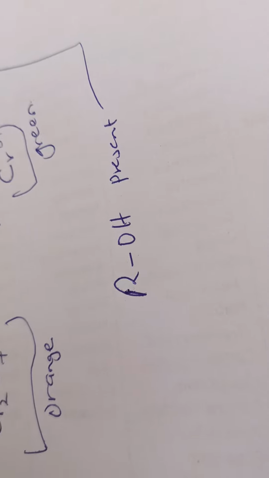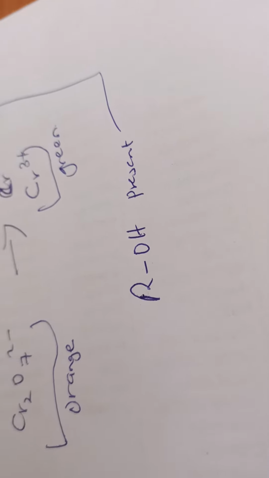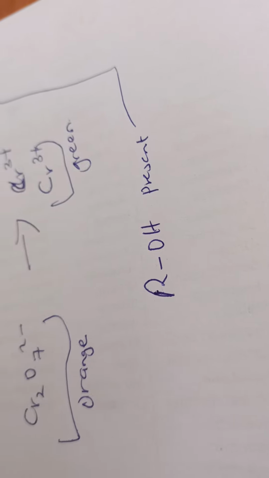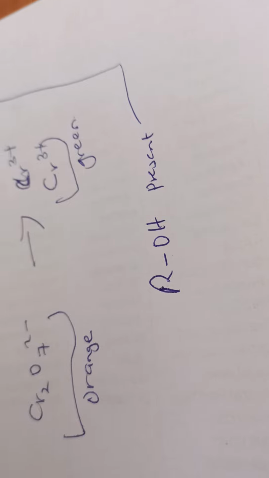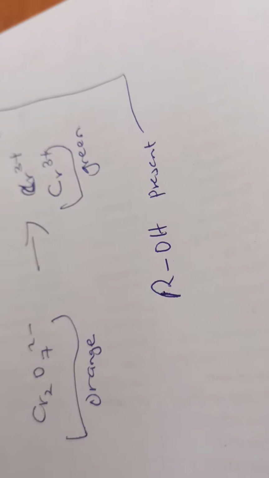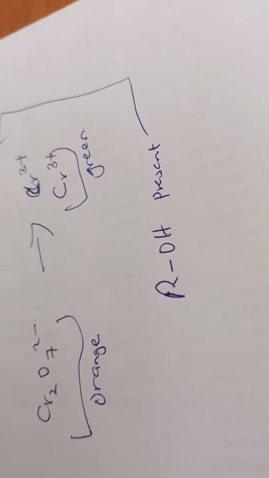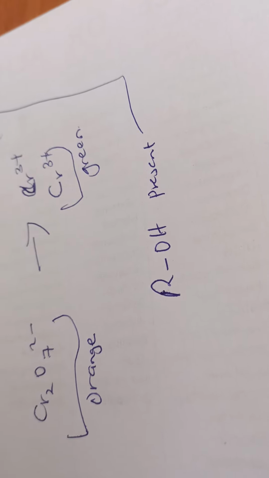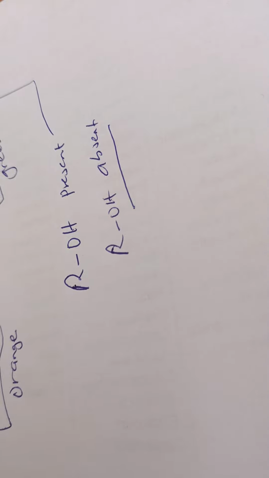And if you add dichromate in paper 3 and nothing happens, the observation is that the orange dichromate ions remain orange, and you conclude ROH is absent.